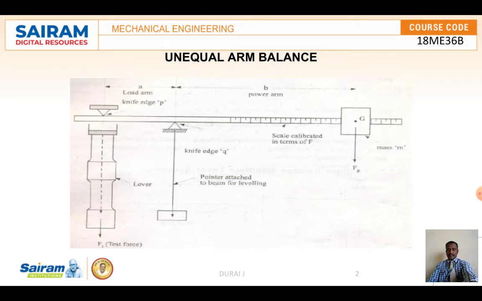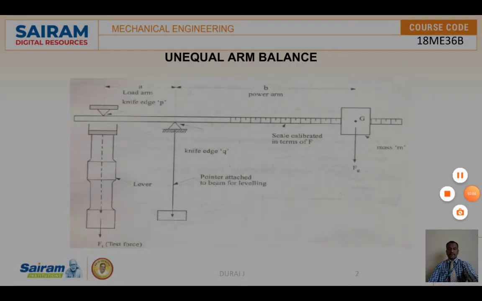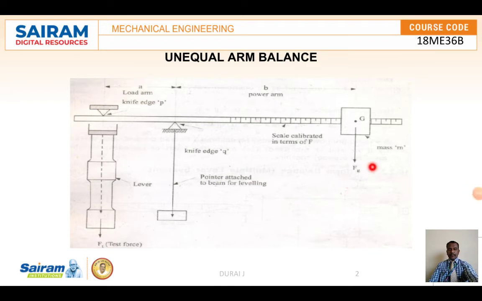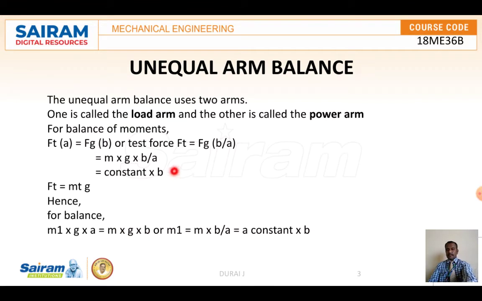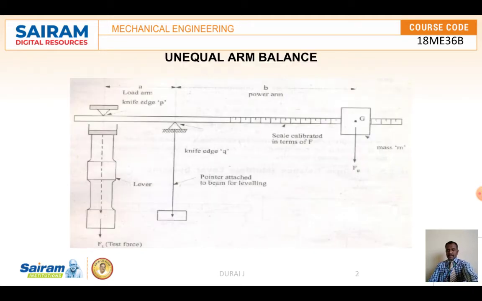In this drawing, the mass m acts as a power on the beam and exerts the force Fg due to gravity. Fg is equal to m into g. It is fixed with the help of a knife edge, and we take the moment about this point.